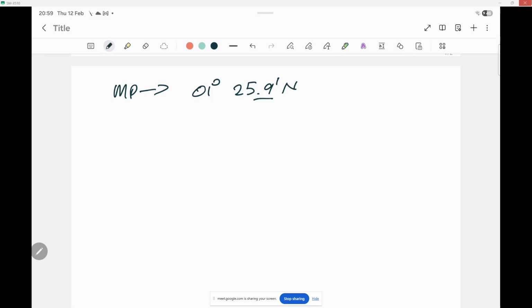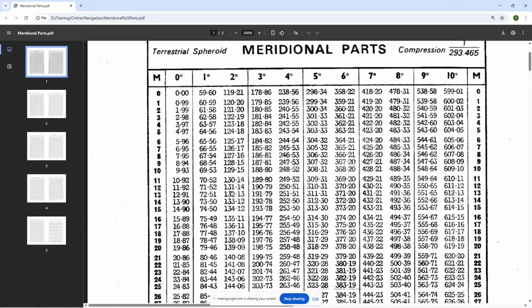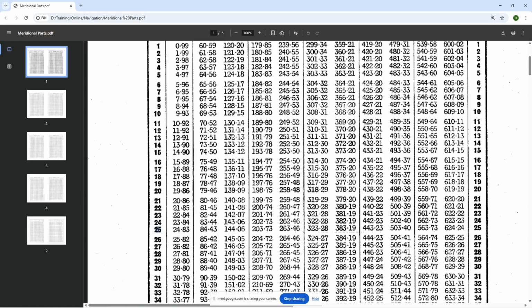But here, if you go here, you will see that for 1 degree, it is given for 25 and 26. 25 here, 26 is here. Can you see that, guys?